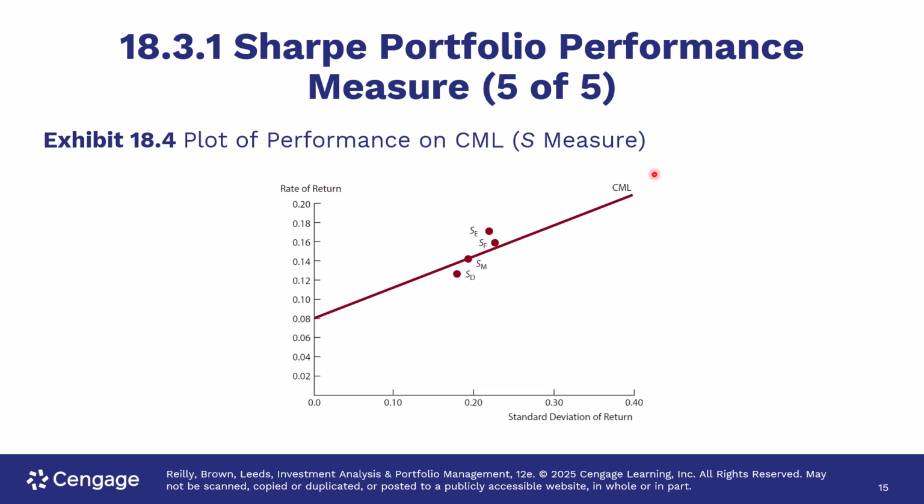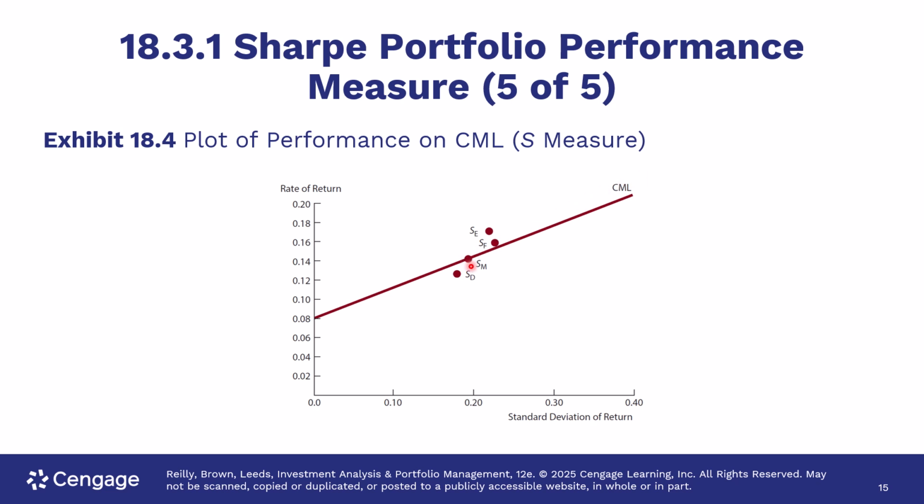All right, here we have the CML. Remember, that was the capital market line, right? And the reason we're having the CML here is because down here we're having sigma port, or standard deviation, which is total risk, right? Total risk is the relevant risk measure for the CML. Here we have the rate of return. Now, what did we do here? First of all, by design, the Sharpe ratio of the market portfolio plots directly on the CML.